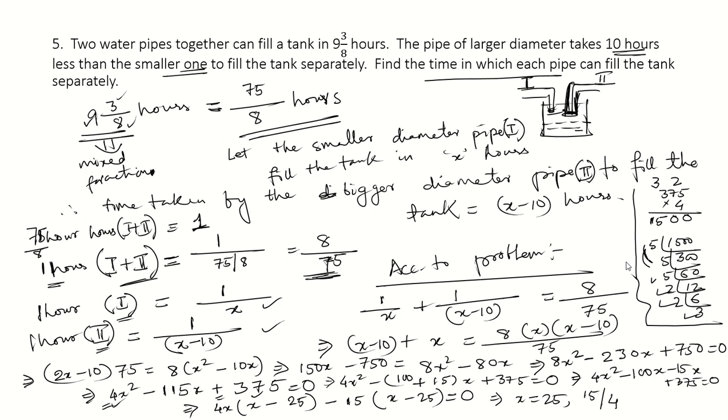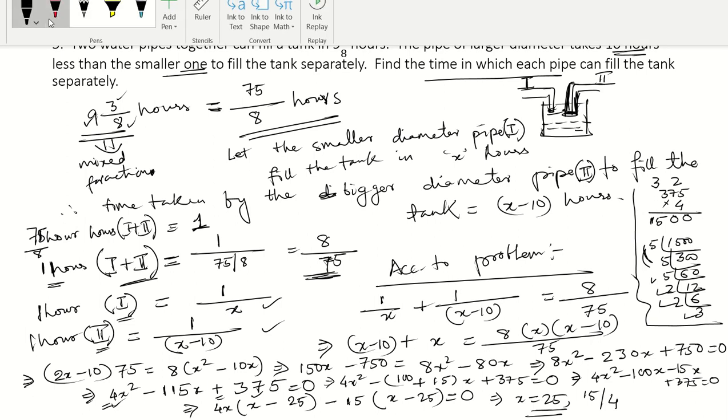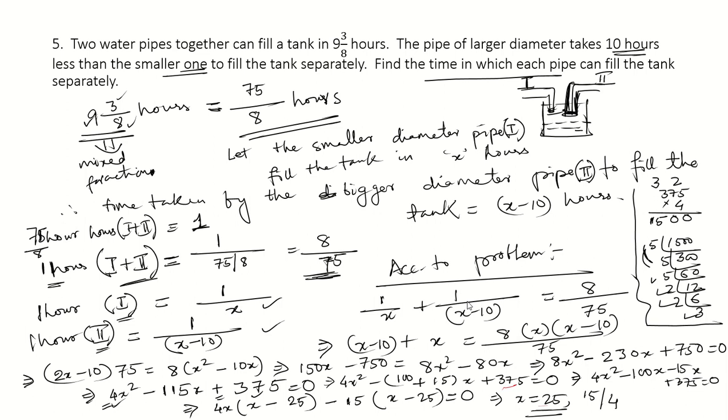So here is just a decision that you need to take. Let me change the color, it will be easier for you to understand. If we take x equals 25, the other value, x minus 10, will be 15.